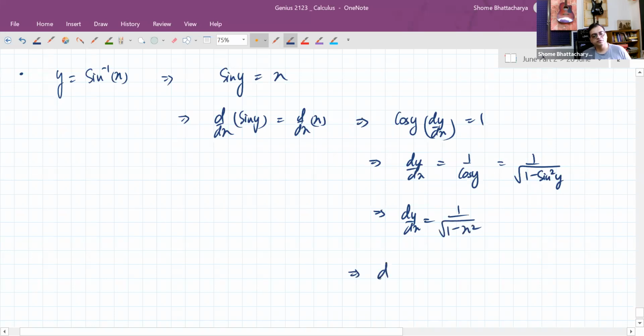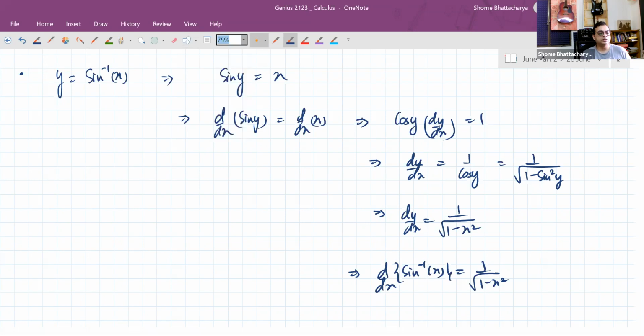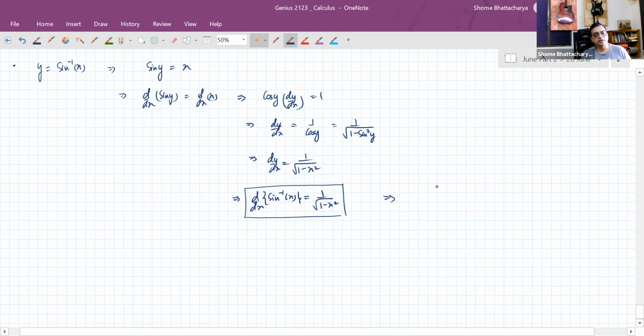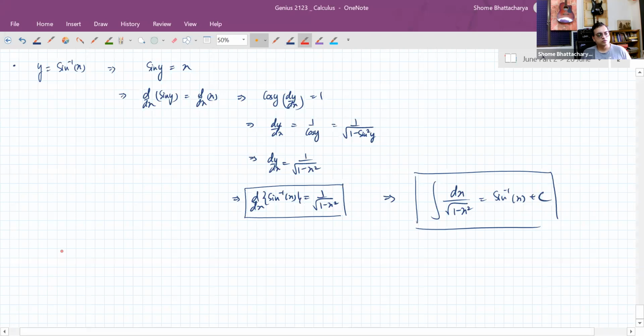So we had that differentiation of the sine inverse function is given by 1 upon the square root of 1 minus x square. So we invert this now. We can say integration of the right hand side is equal to sine inverse x. So this implies that integration of 1 upon square root 1 minus x square is sine inverse x plus c. So we have these two important formulae now.